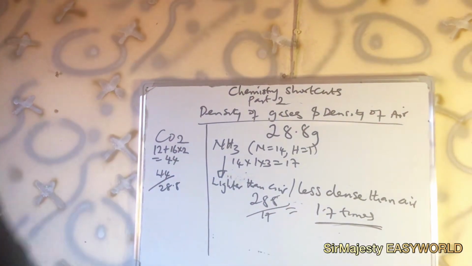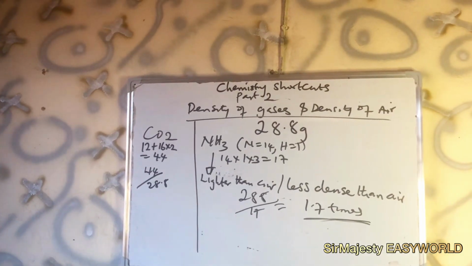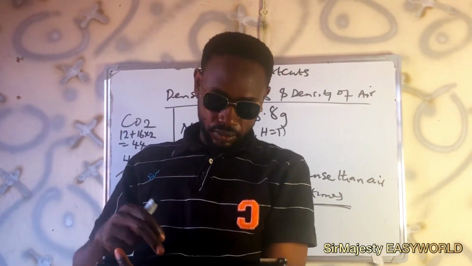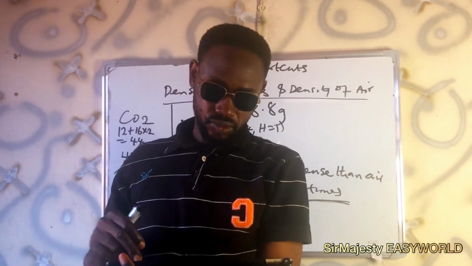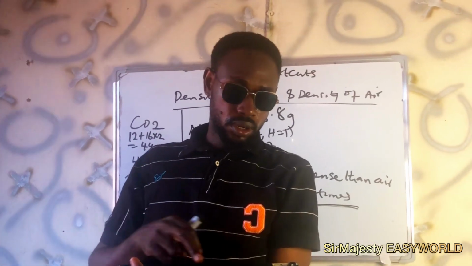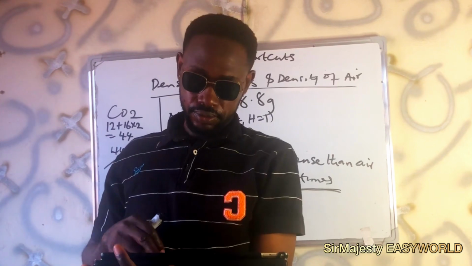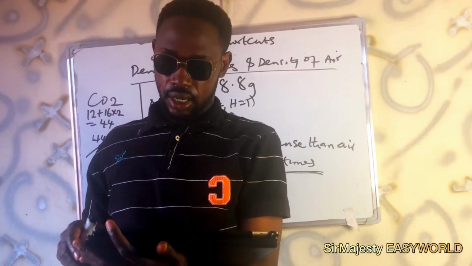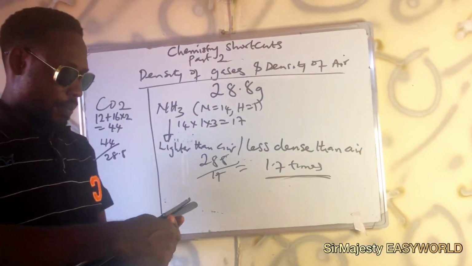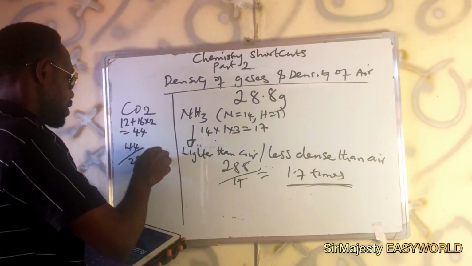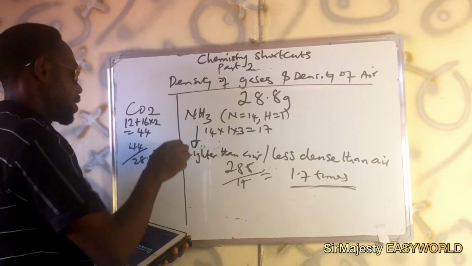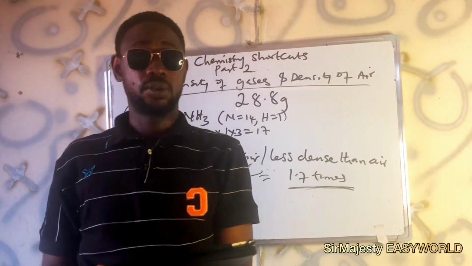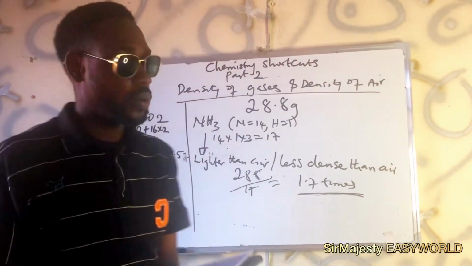Checking the calculator, 44 divided by 28.8 is 1.5. So carbon dioxide is about 1.5 times heavier than air. This will help you save much time in chemistry, especially in objective questions, so you answer the question and go your way. What about chlorine gas?